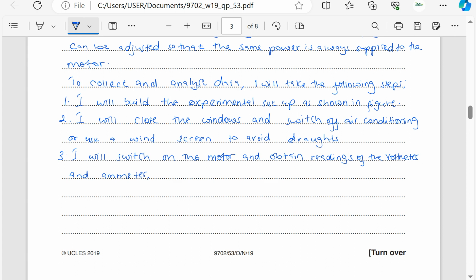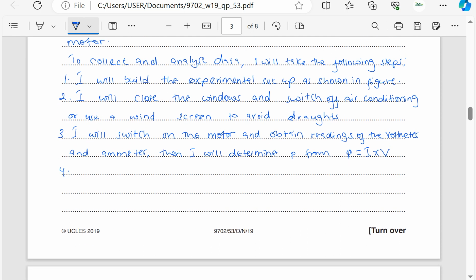Why do I need these readings? It's because I want to determine the power. So then I will determine P from P equals I times V. So I'll determine the power from P equals I times V.